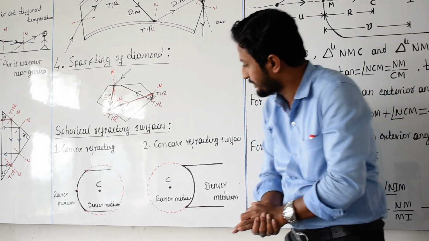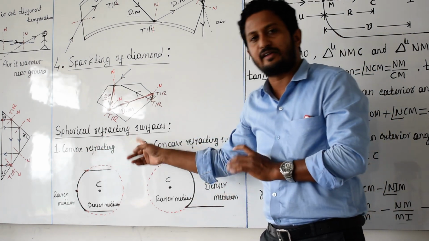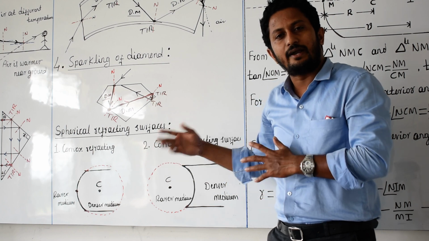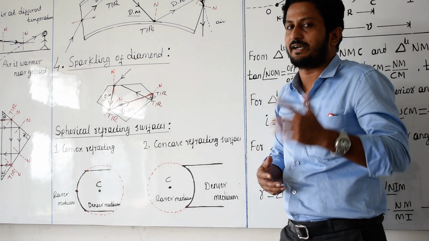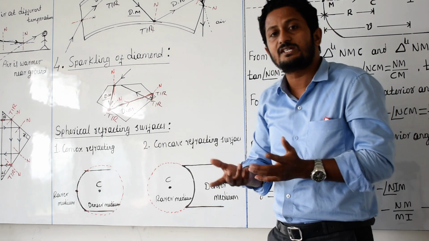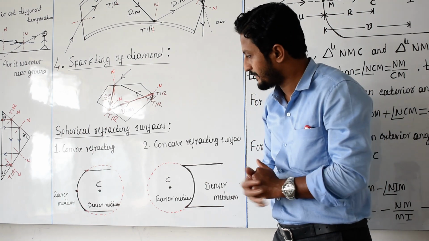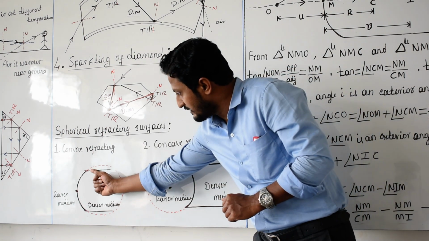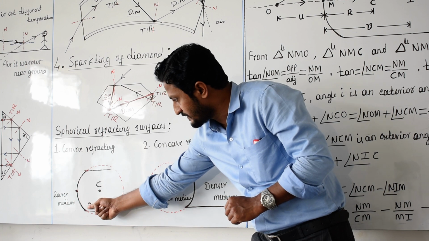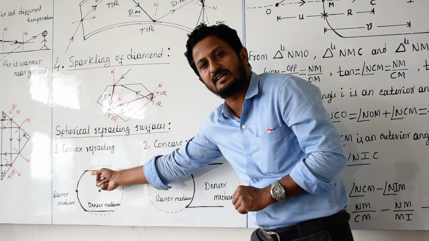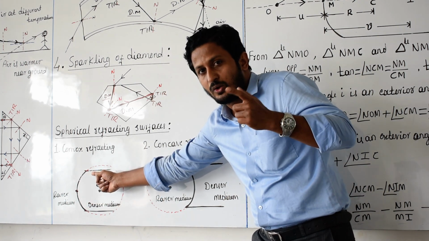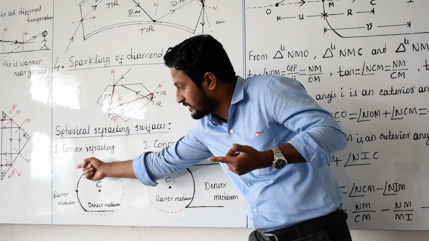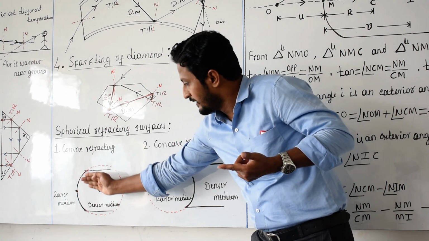Now, convex refracting surface and concave refracting surface. Which is convex? If that refracting surface is convex towards the rarer medium.